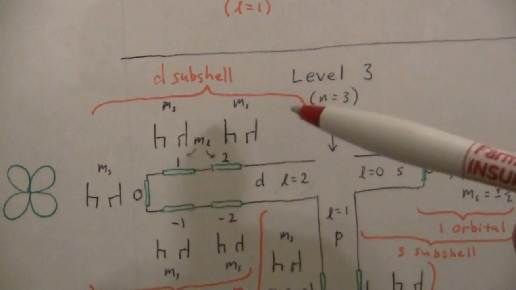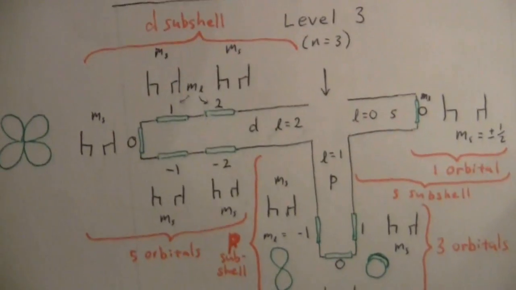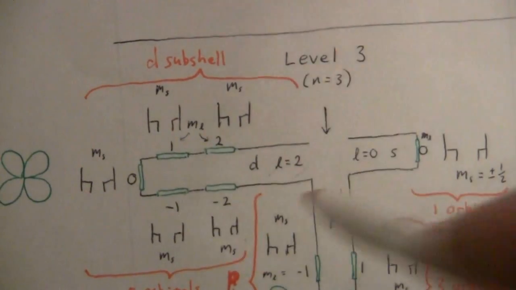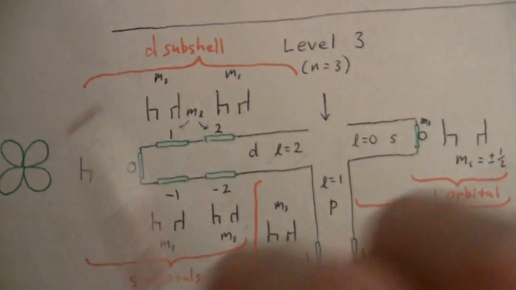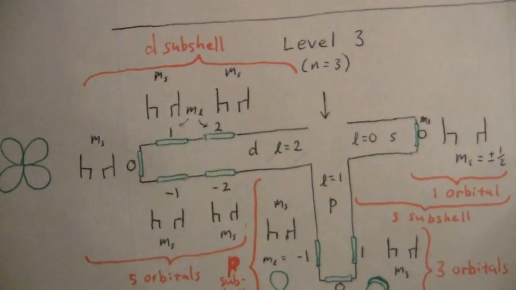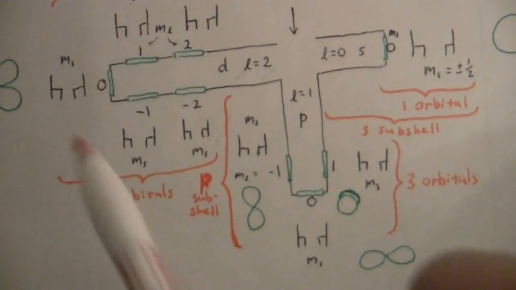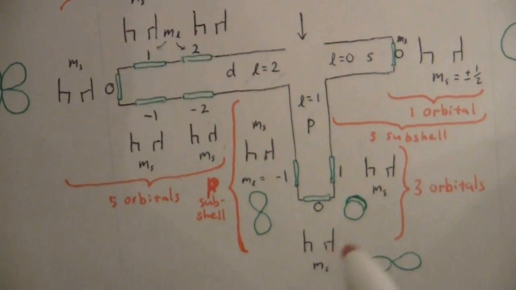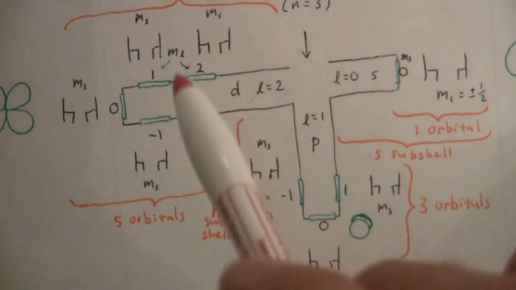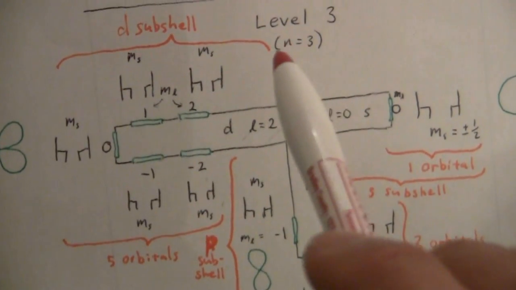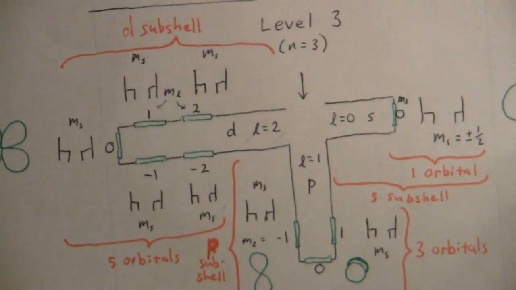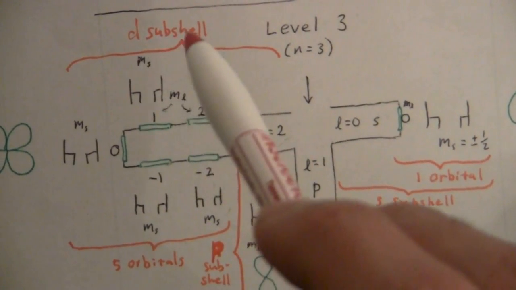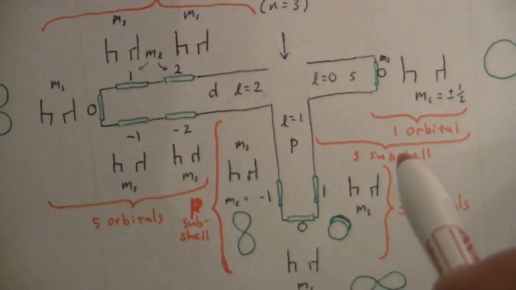Okay, so that is the third level. Okay, so breaking this down into the hierarchy. In the atom, the level, that's like the shell. Okay, all of these electrons here, all of those chairs that I've drawn out, those are all in the n equals 3 shell. Okay, now within that shell there are 3 subshells.